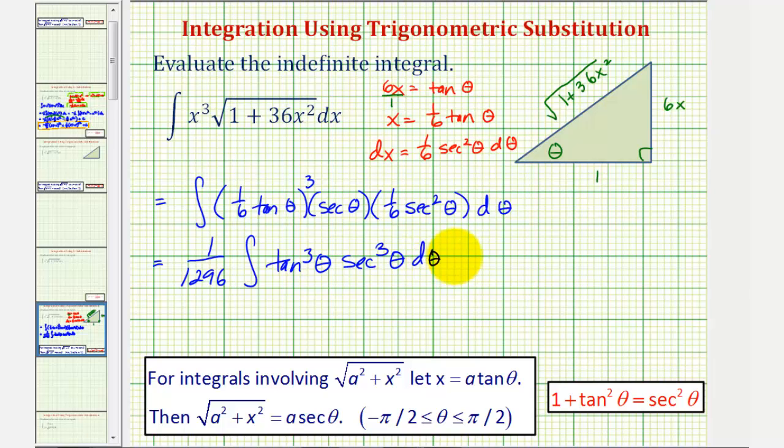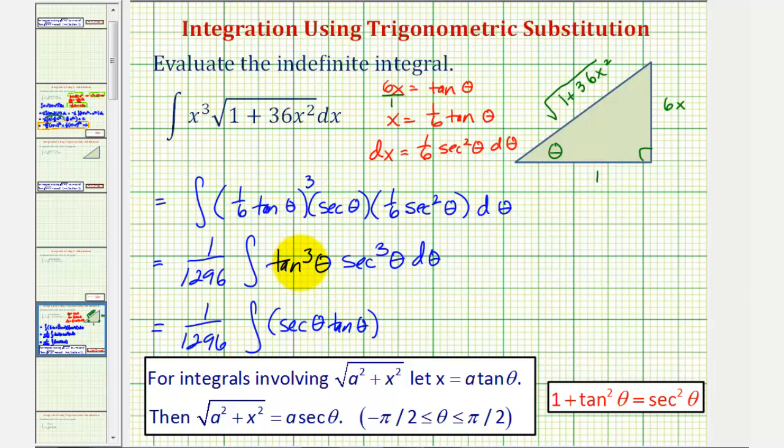Now we have secants and tangents in the integrand, and we have an odd number of tangents. We want to save one factor of secant theta tangent theta and convert the remaining tangents to secants. So let's rewrite this as 1 over 1,296 times the integral of, we're going to save one factor of secant theta tangent theta.